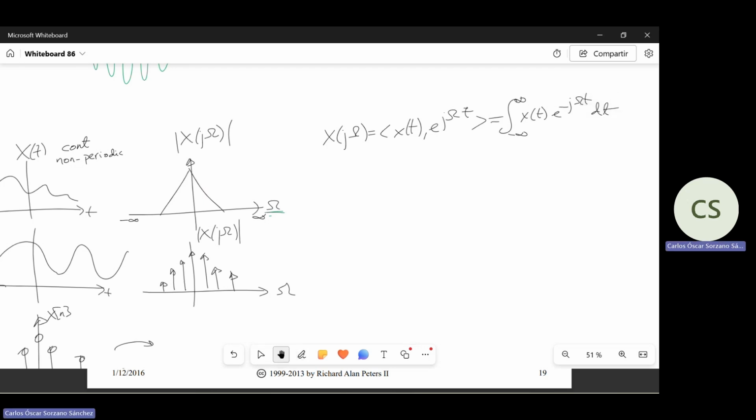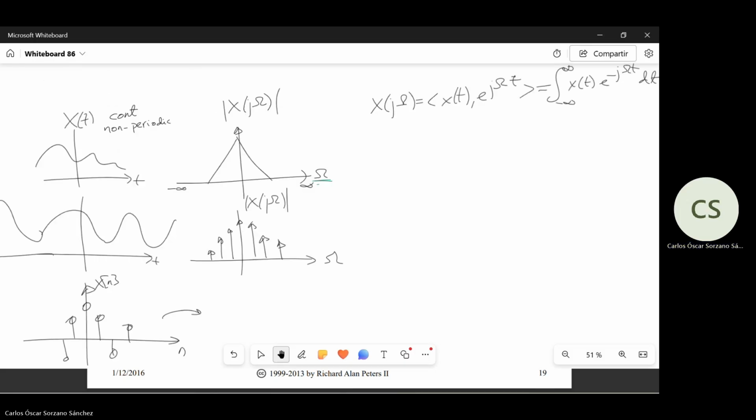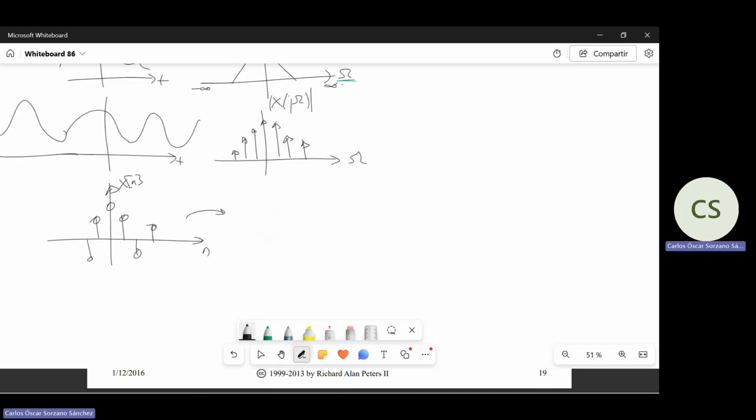Okay, but now my signal is discrete. So how do I define the Fourier transform? I will put already the result, and then we will define it. The result is something periodic. I will call this frequency axis a small omega, and this is in the notation of the Oppenheim again.